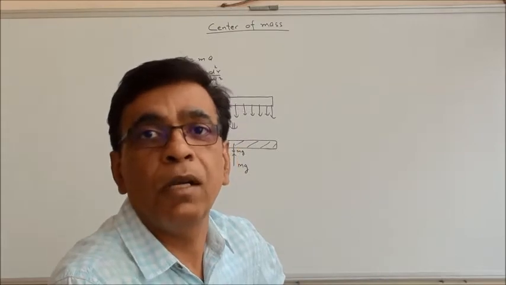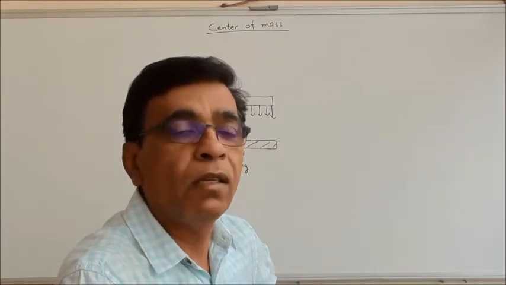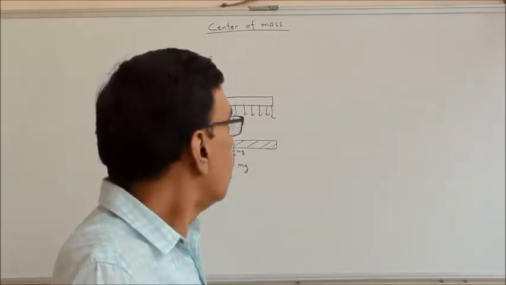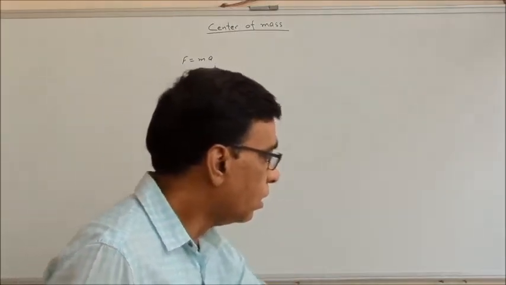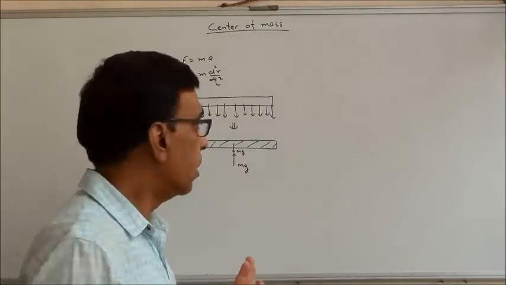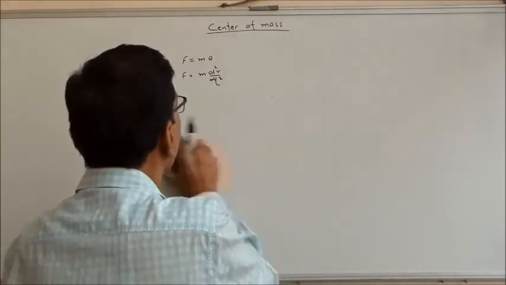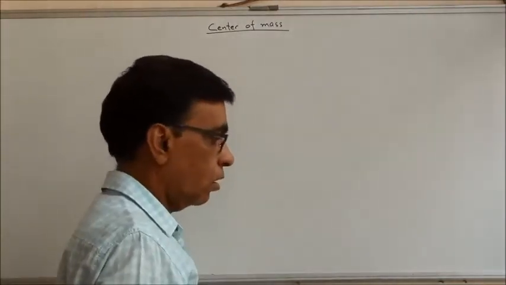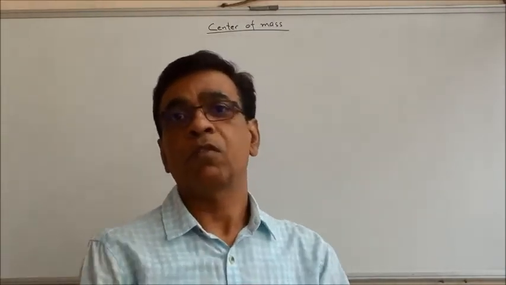It is a point which can ease our task. It can make the application of these laws very simple. So center of mass, a point where all mass of the body can be supposed to act.